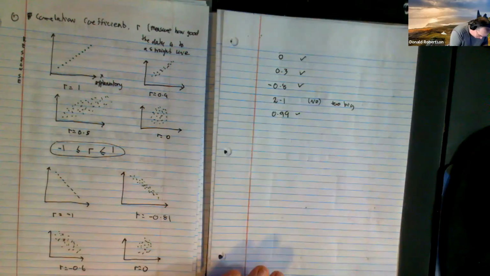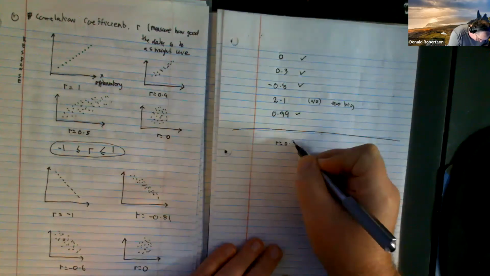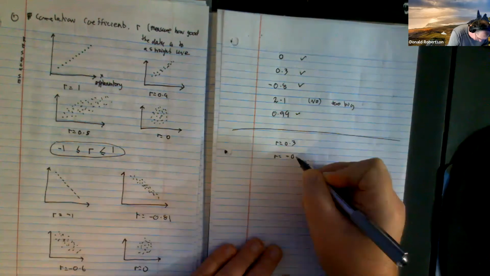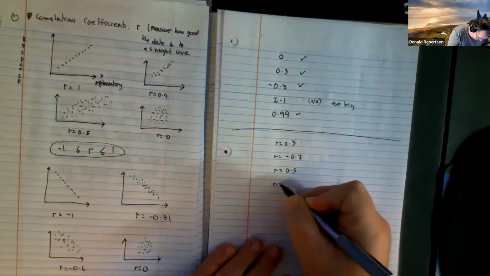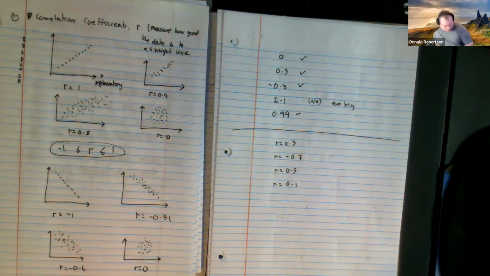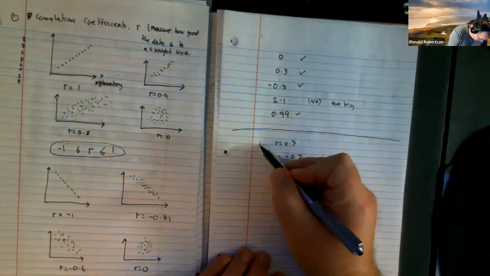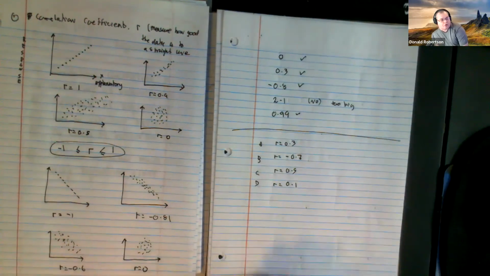Here's a different question. There are 4 sets of data. Here are the correlation coefficients for these 4 sets of data. Which one of them, I'll call them A, B, C, and D, has the strongest linear relationship?